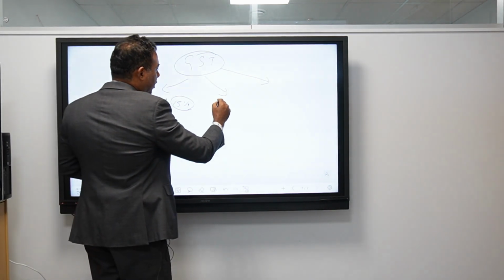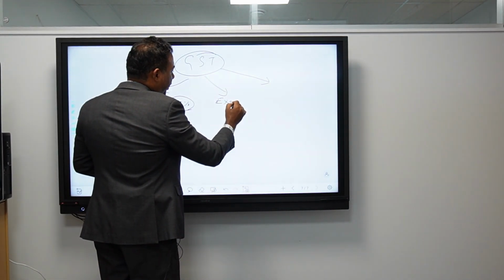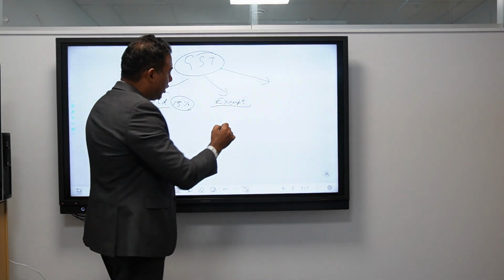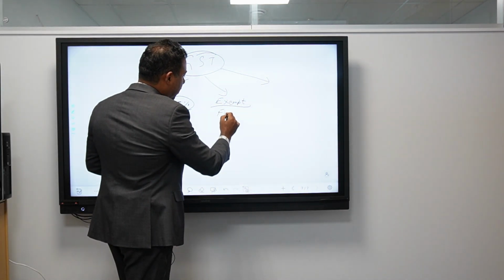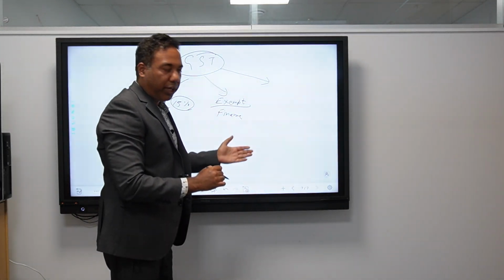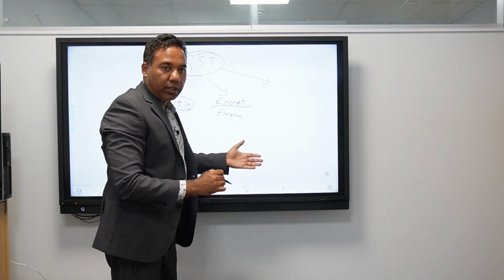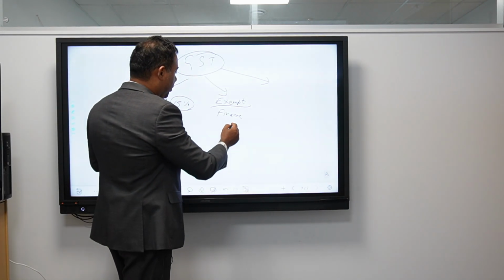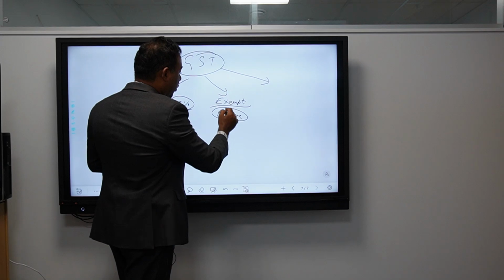One is exempt. Exempt means no GST applies on these things. As already mentioned, all the finance things like loans, mortgage, bank fees, cash withdrawals, drawings, whatever, those things will go into exempt.